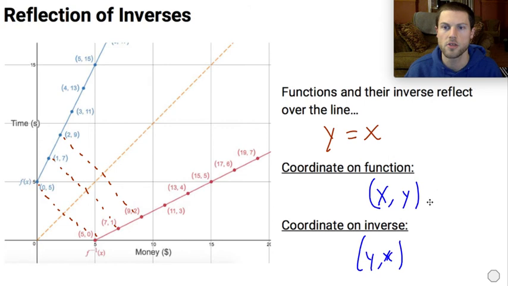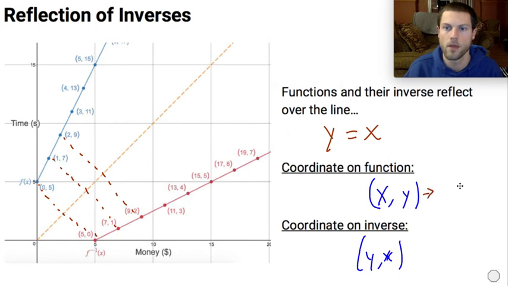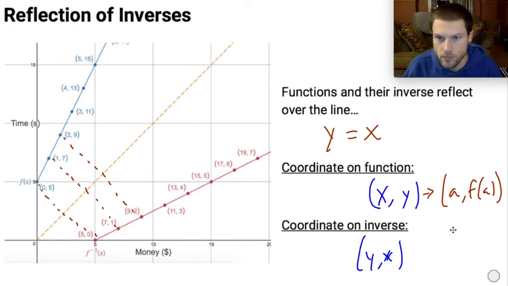So maybe an easier way to think of this would be, if I take some value a and f of a, so this would be an x value and a y value evaluated for some a, a could be any number, then what the inverse coordinate would have is f of a, comma a.